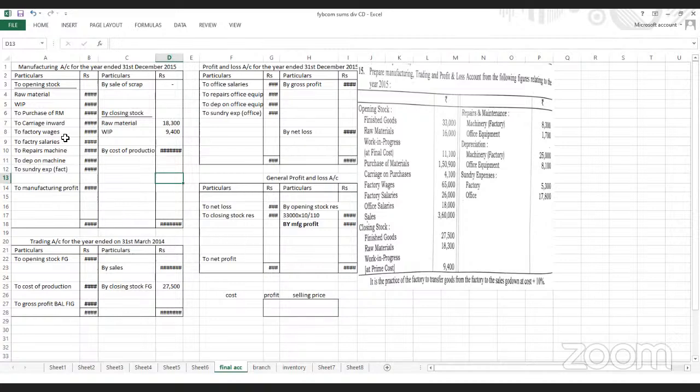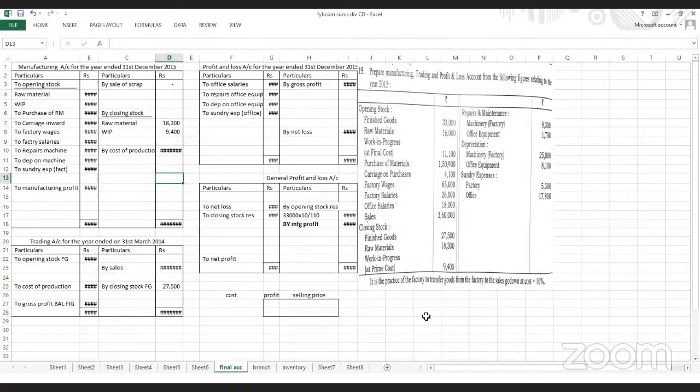So this is the new account for you, manufacturing account. In this account, you will be recording all the expenses on the debit side. Clear? Listen again. In this final account of a manufacturer, you have to make one new account called manufacturing.